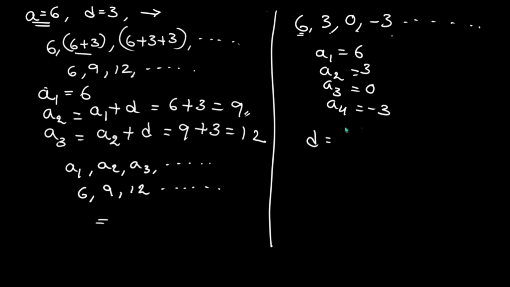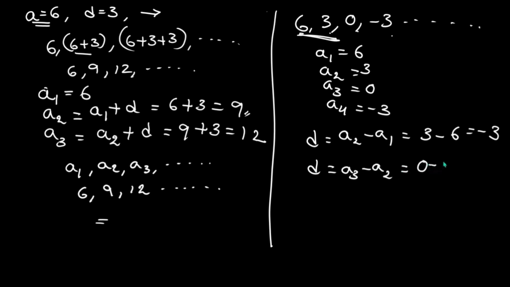So how do we find the common difference? The common difference can be obtained by subtracting A2 minus A1, that is 3 minus 6, which is minus 3. Let's find it for another pair, A3 minus A2. Then 0 minus 3, that is also minus 3.